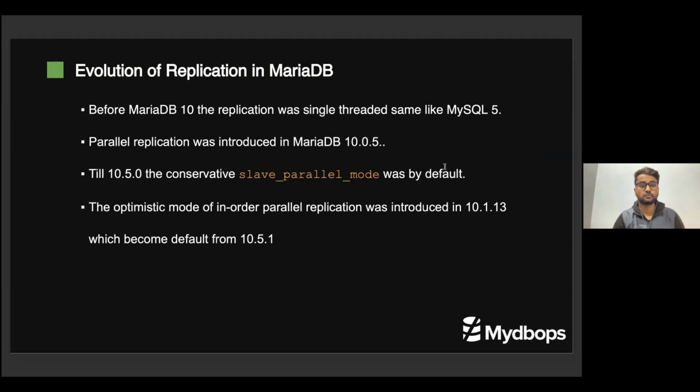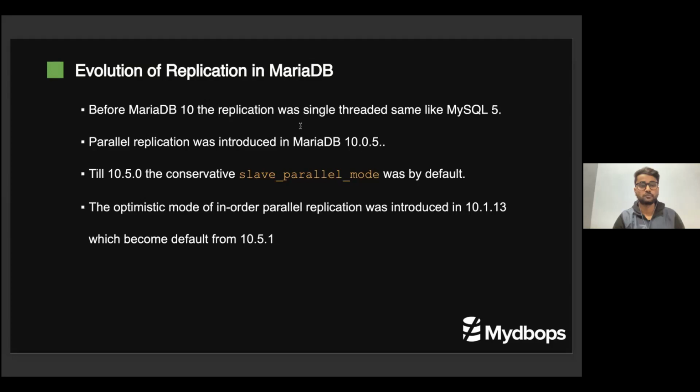But after MariaDB 10, parallel replication was introduced, and two types of parallel replication are possible in MariaDB: in-order and out-of-order. Up to 10.5, the in-order type conservative was the default, and after 10.5 optimistic became the default.